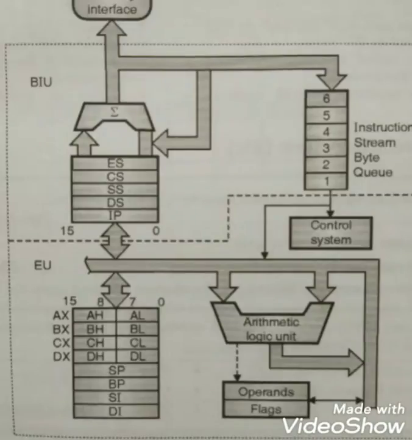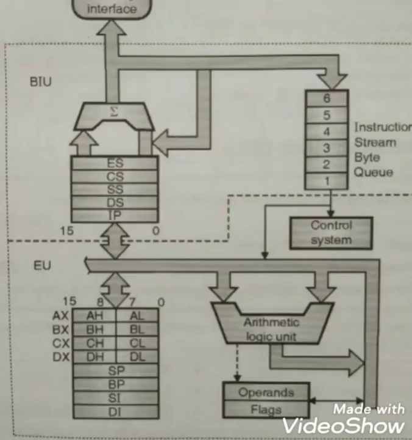The instruction decoder decodes the instruction fetched from the memory to generate different internal or external control signals required to perform the operation. This is done in the control system. Control system will decode the instruction and generate different timing and control signals to perform the operation.